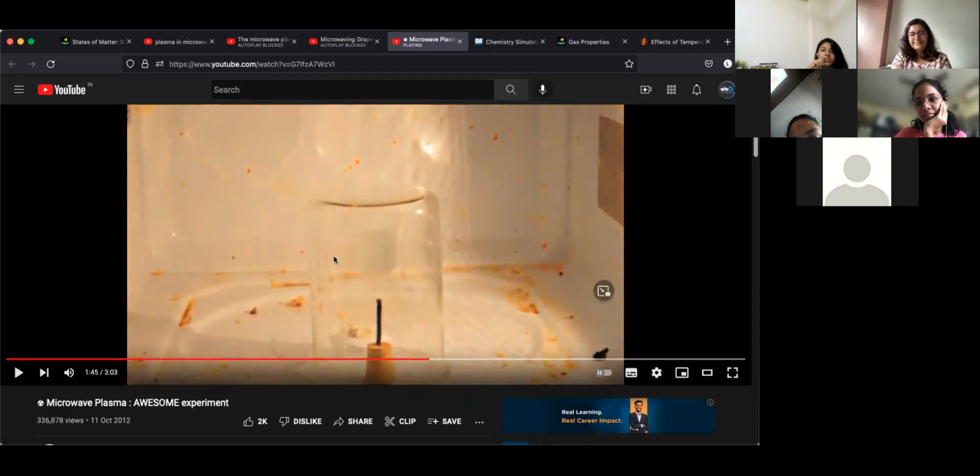Yeah, what they created there, like when it went dark and you had a heated bit of glow here. So that was plasma. What happened is by putting the matchstick, by putting the flame inside and putting the beaker over it, they already heated up the gas to a high temperature. And beyond that, because the microwave radiation was applied to it, like that's the energy that heats up your food, right?